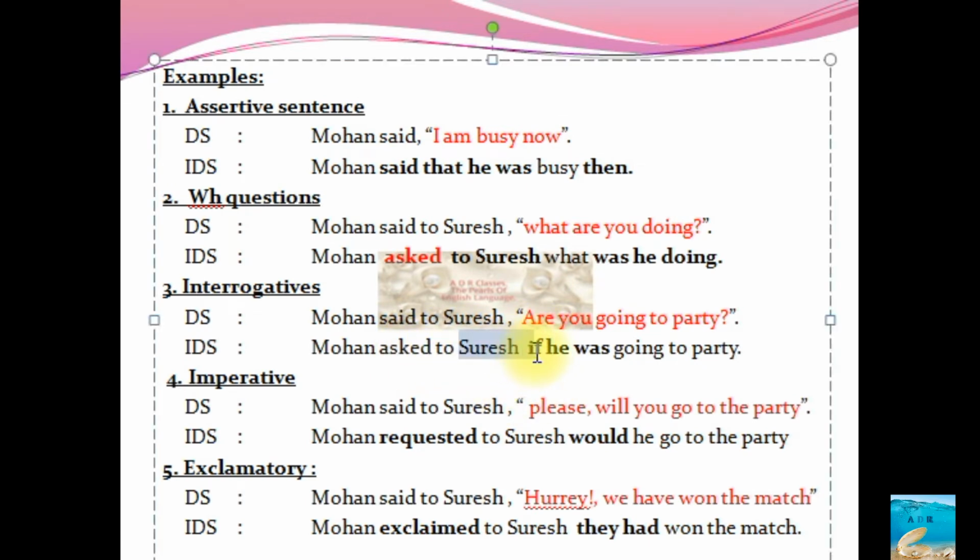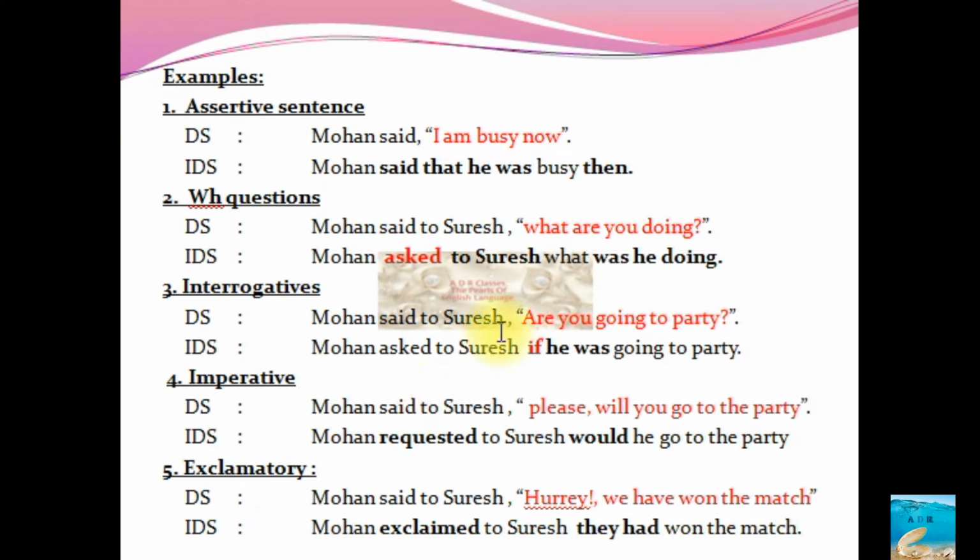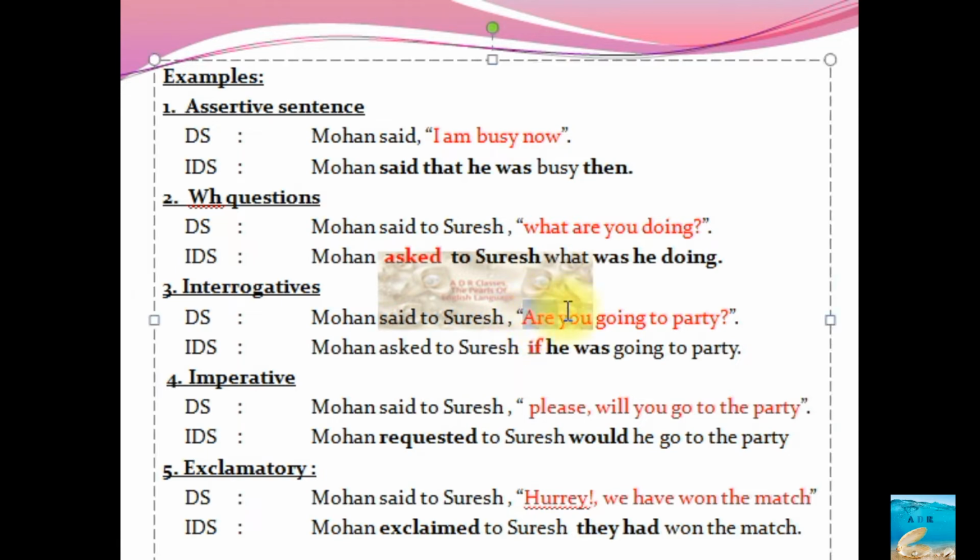Why have we used if instead of that? Because this is an interrogative sentence. How did you know that this is an interrogative sentence? Are you going to the party? Are you going? In my previous videos, I have done videos on auxiliary verbs, so you can go there and see those videos. There, any sentence that starts with an auxiliary is called an interrogative sentence. However, there is also another hint: it will always end with a question mark.